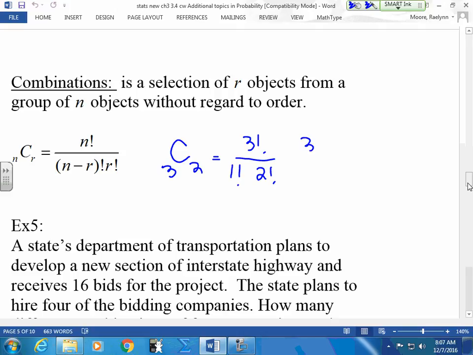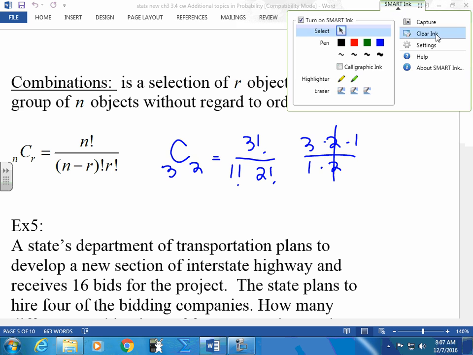So it says 3 times 2 times 1 over 1 times 2 times 1. And when they reduce this, it comes out to be the same thing. So again, if you're going to work them out the long way, don't do their way, do my way. My way is take this, do the 3 times 2 over the last factorial, and that'll get you out of that.